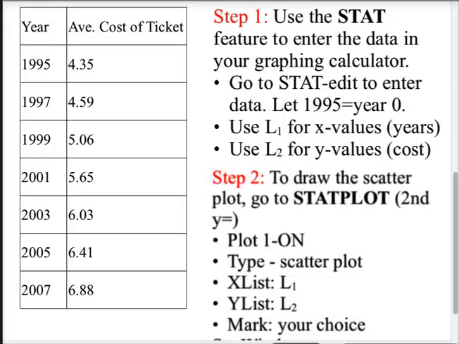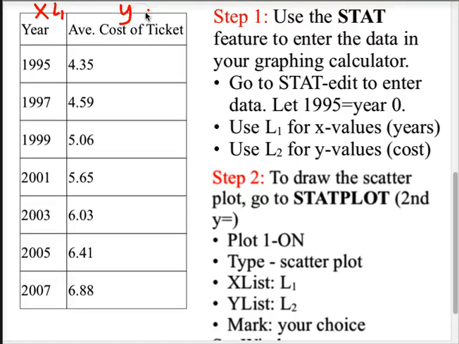Looking back at our slides, all of these years right here are going to be your X's, and the average cost of tickets are going to be the Y's. So I want you to put your X's in list 1, and your Y's in list 2.